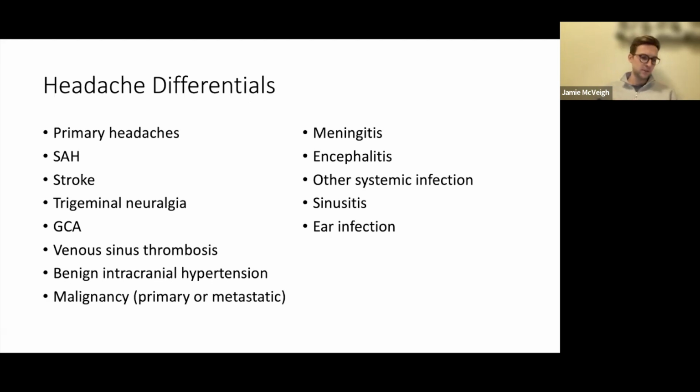So subarachnoid, we typically speak about a thunderclap headache. It's a bang. It's caused by a berry aneurysm, typically around the circle of Willis, and you get a sudden bleed, often on exertion. There's multiple causes of subarachnoids.